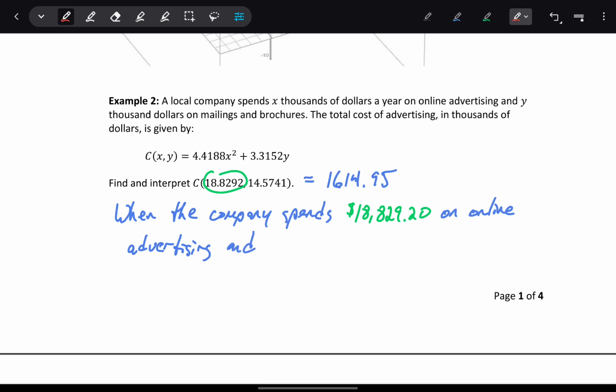And then our Y coordinate, also multiplied by 1,000. Meaning we're spending $14,574.10 on mailings and brochures.